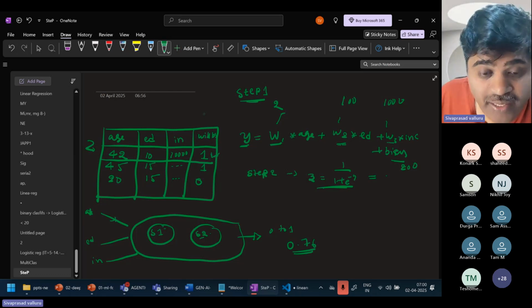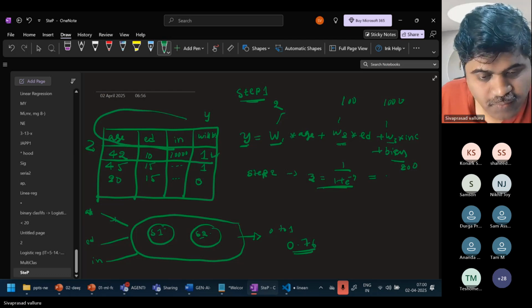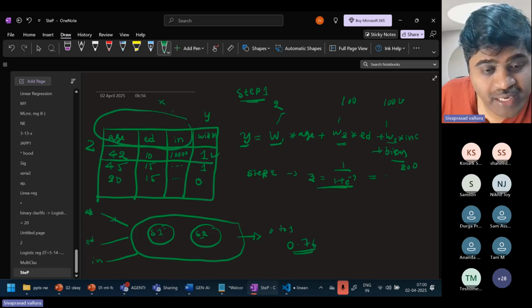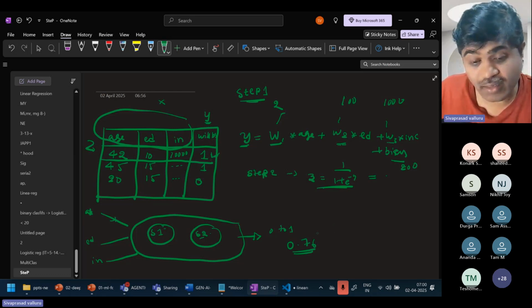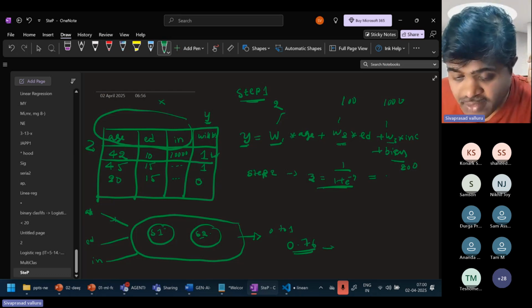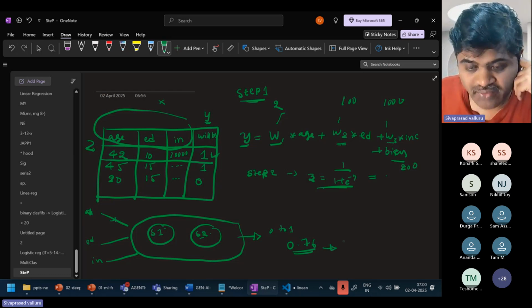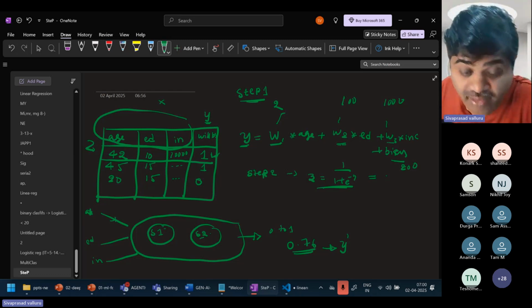Actual, this I will call it as Y. These all are X values. The value which I want to predict is Y. Y is 1, but after passing this input, I got the predicted value as 0.76. This I'll call it as Y dash. Y dash is a predicted value.